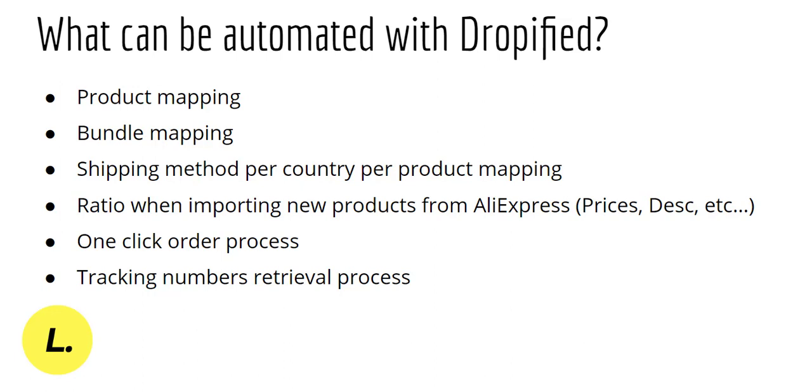So you define that once and for all, and that's super interesting, especially where you can have different suppliers for different products, where different shipping methods have to be chosen. For example, there is this supplier who mostly does ePacket and it's very cheap. There is this one who only does AliExpress standard shipping. So that's something you can work through.